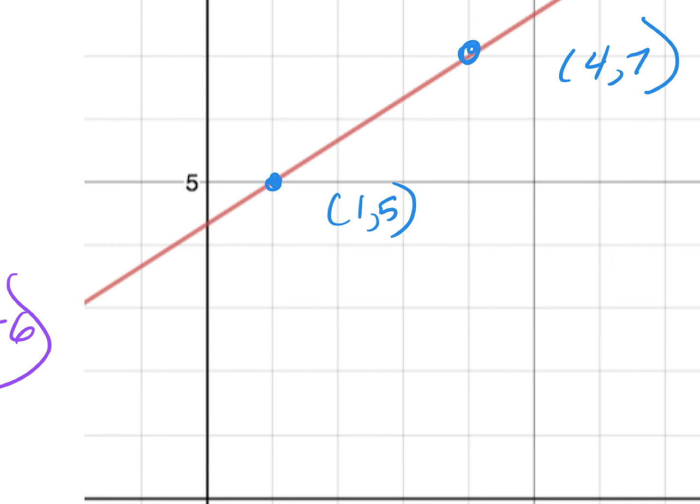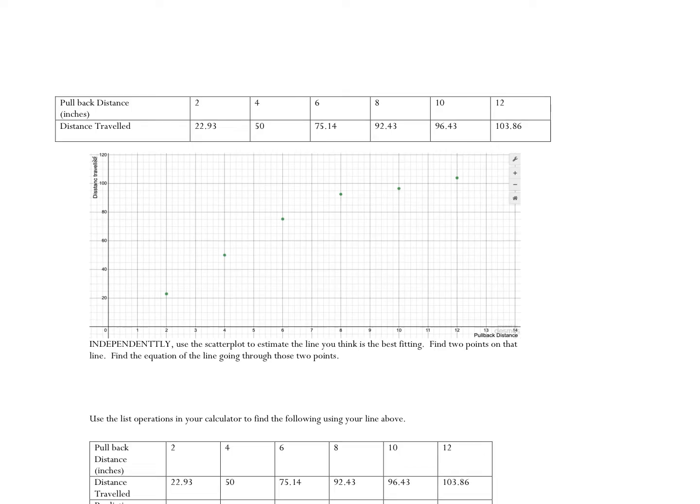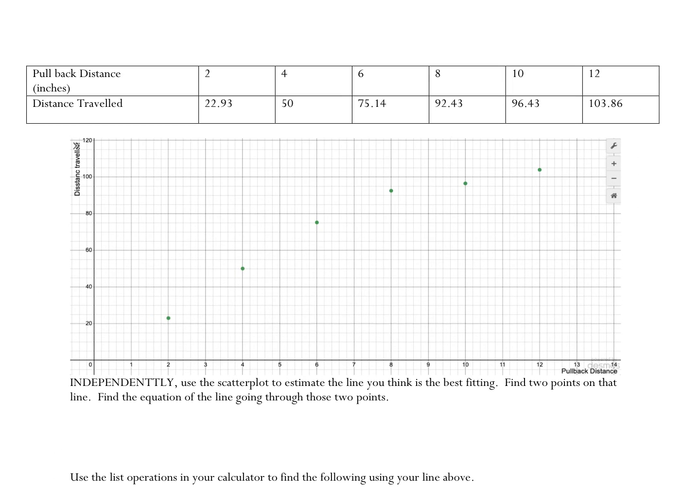Okay, I would like you guys to do one more thing. Here's that exact same data where I drew the scatter plot for you using tech, or using Desmos. Independently, I want you to sketch in a line of fit.